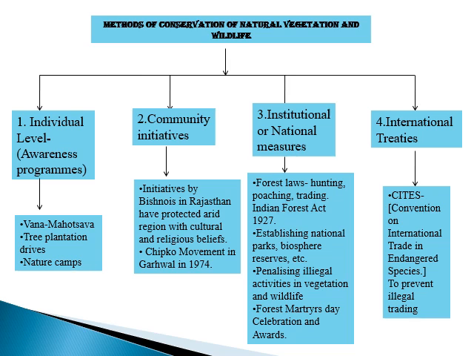Lastly, on a world scale, on a global scale, we are a part of many conventions or treaties which are signed, and CITES, or Convention on International Trade in Endangered Species, is one treaty which our textbook asks us to pay due attention to, to stop the illegal trading of endangered species of plants and animals both.